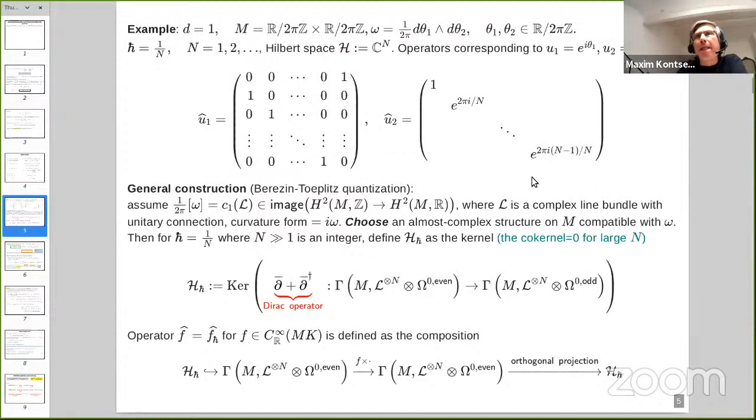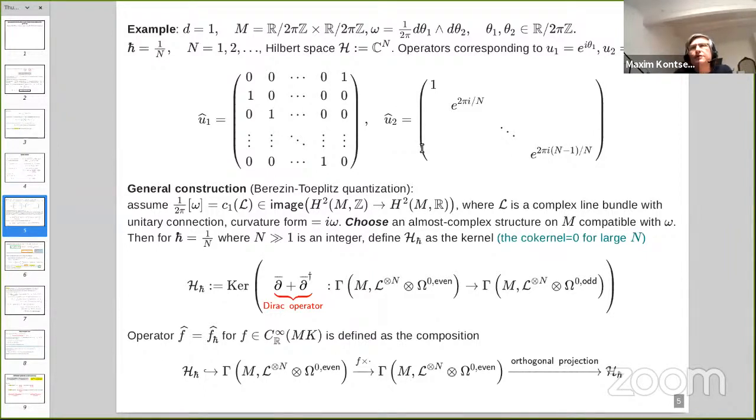In this example, you see that the product U1 U2 is essentially equal to U2 U1; you see these formulas for commutation of unitary operators.